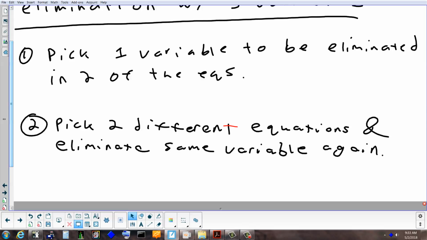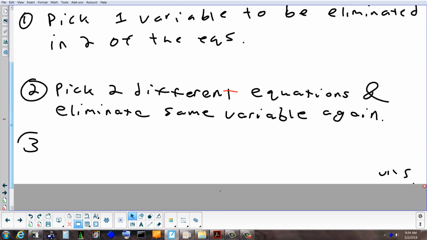After you do step 1, you're going to end up with an equation with two variables. After you do step 2, you're going to end up with a different equation with the same two variables. Now you're going to have two equations with two variables, and we can proceed from there just like we did before.